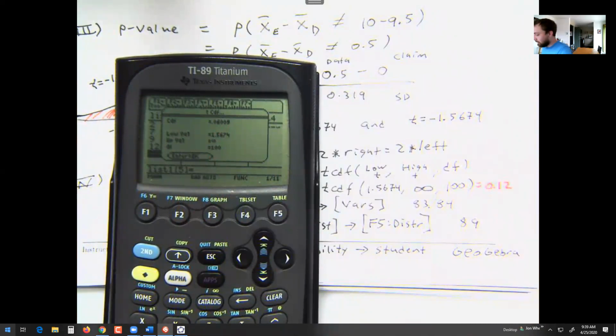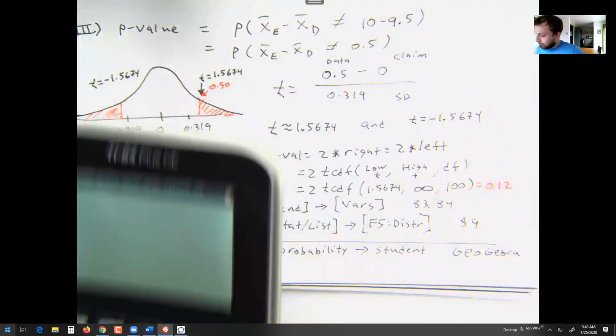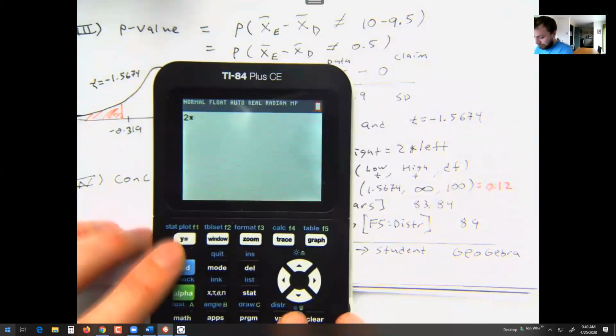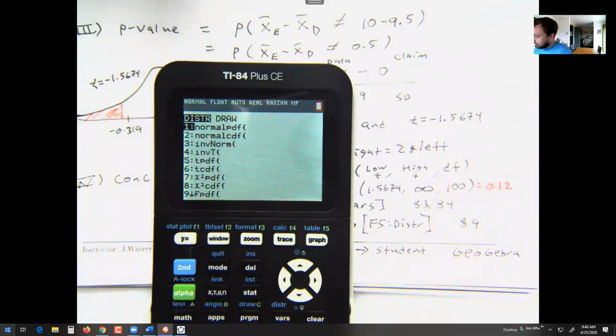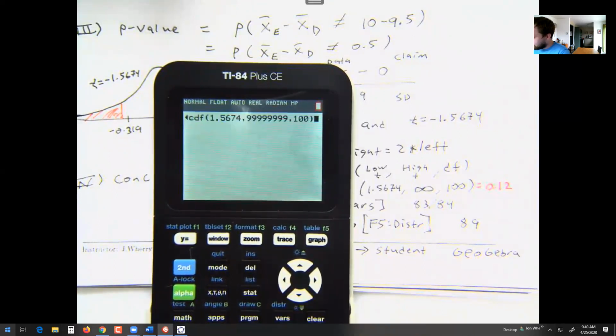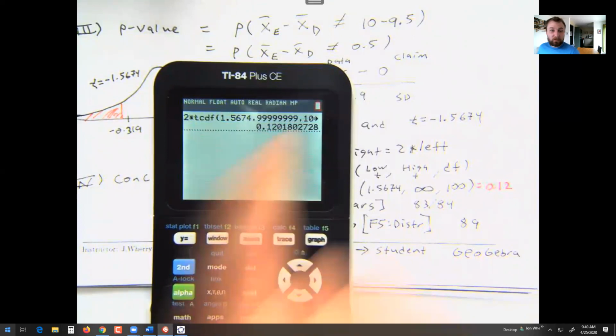Let me show you the same thing now in my TI-84. So I'm doing 2 times second vars. I'm choosing the option for TCDF from 1.5674 up to infinity. My degree of freedom is 100. I see that 12% again.